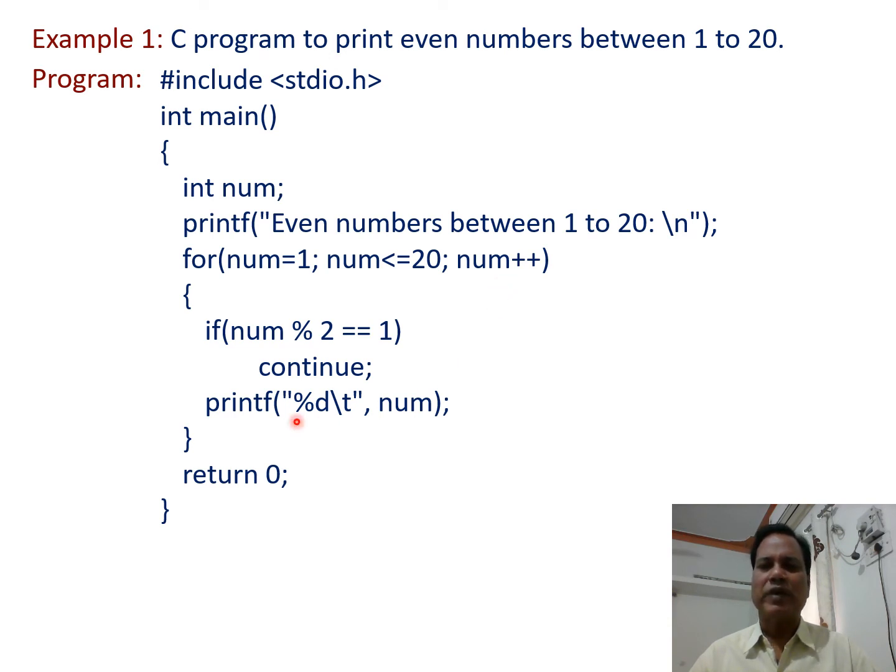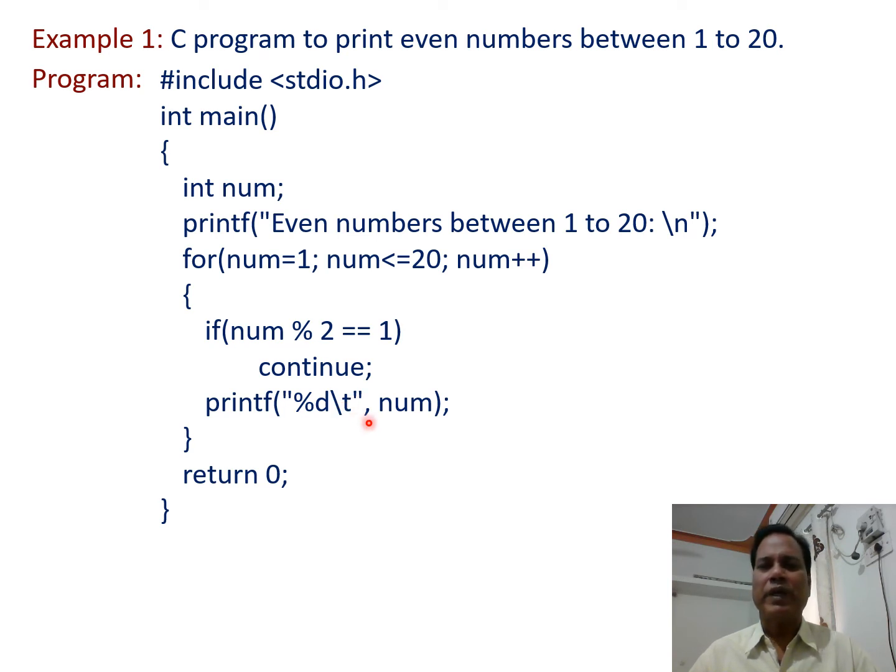So in this way, we see that when there is an odd number, the continue statement is executed and control goes to the update of the control variable num. And when the number is not an odd number, then the printf statement is executed and that number is printed on the output screen.